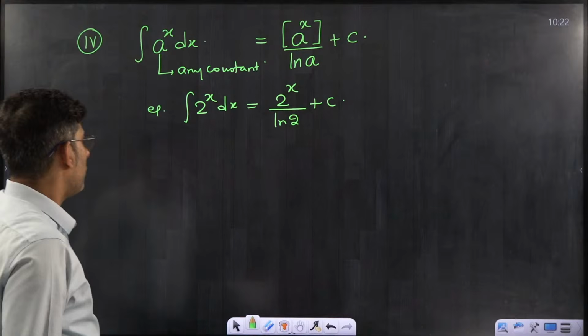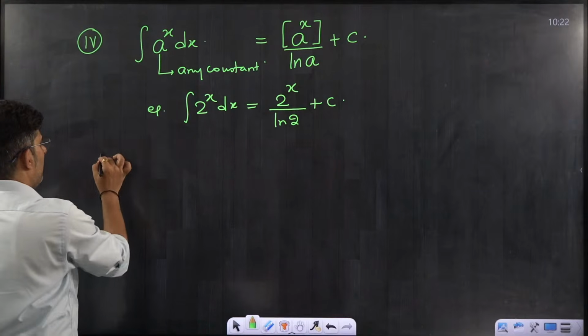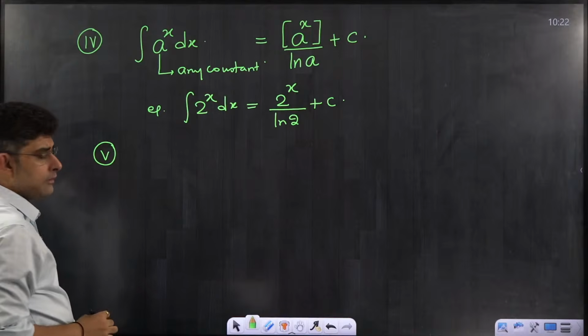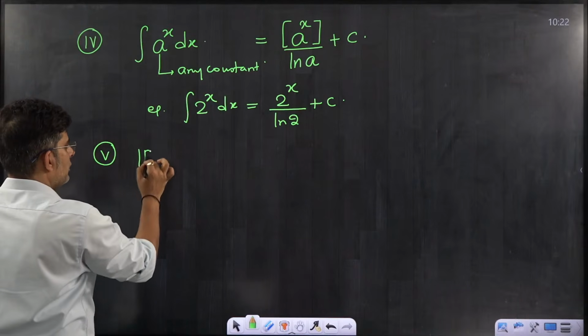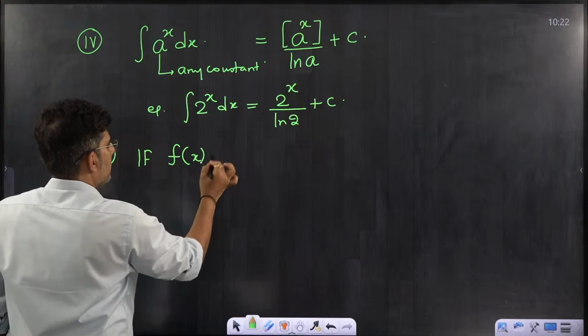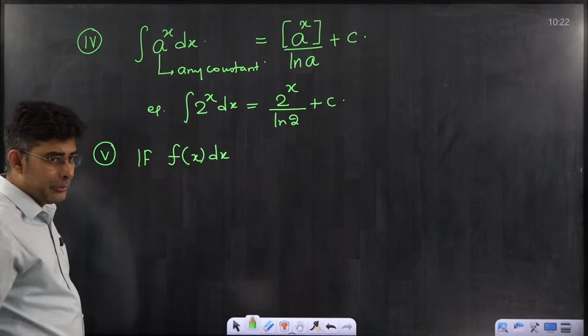This is a very important rule, remember this. Next, suppose you integrate any function, this is called integration by substitution.